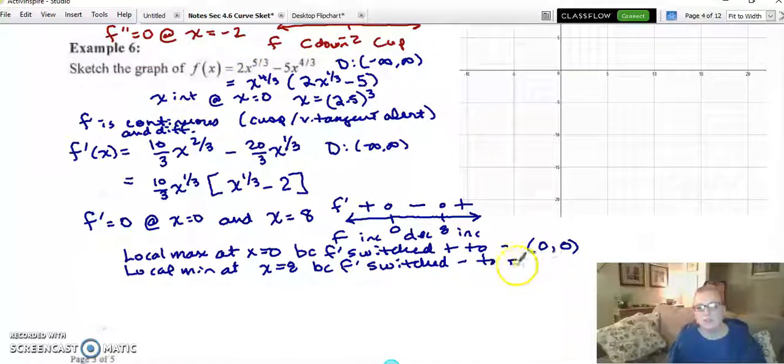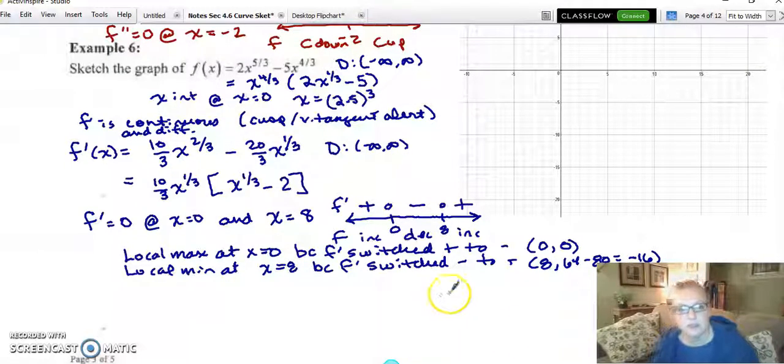Then if I put in the 8, that's also pretty easy: the cube root of 8 is 2, 2 to the 5th is 32, 2 times 32 would be 64, minus 2 to the 4th is 16, and 5 times 16 is 80, so minus 80. We should end up with negative 16, I believe. But again, we'll check that on the computer.